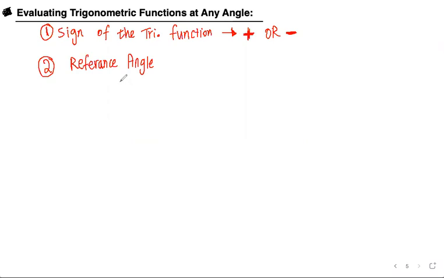Okay, so let me start with the first one, the sign of any trigonometric function.